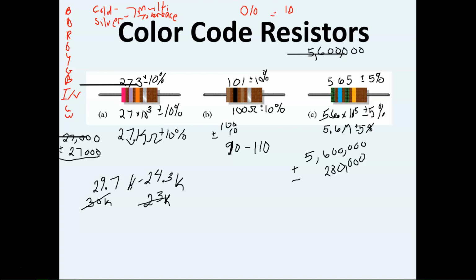So adding is fairly easy. You should end up with 5,880,000, or 5.88 mega.